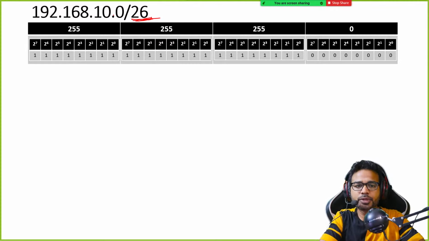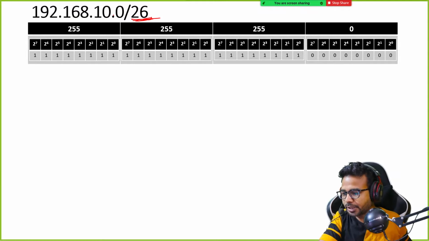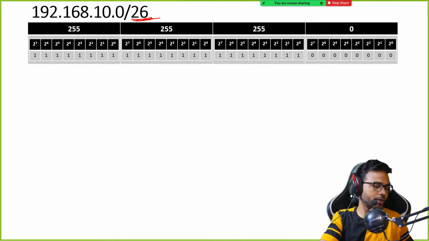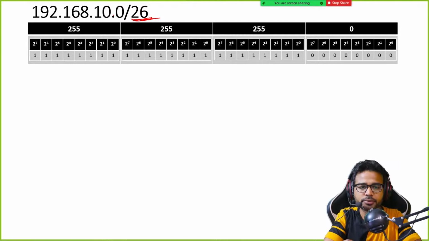Let me see now whether you have understood the concept or not. What will be the subnet mask of this network? I am waiting for your response. Just calculate it. Let's see who is able to give the correct answer.